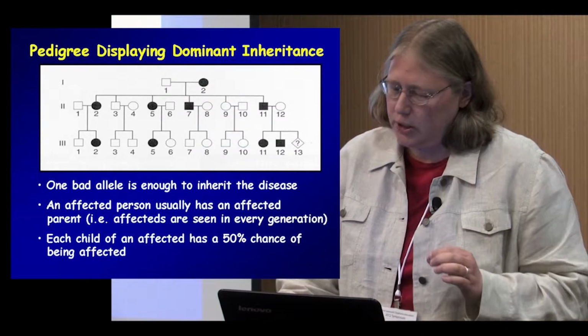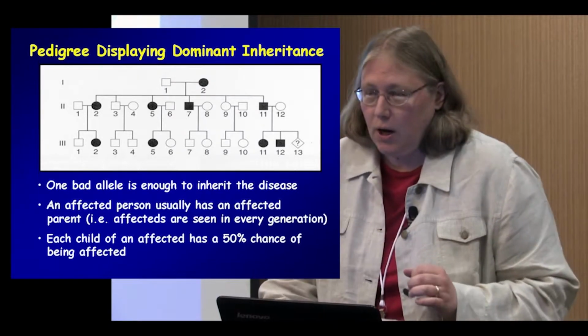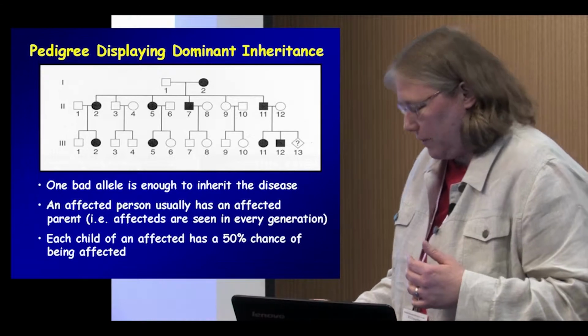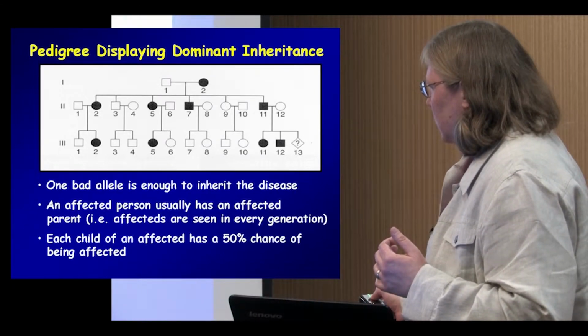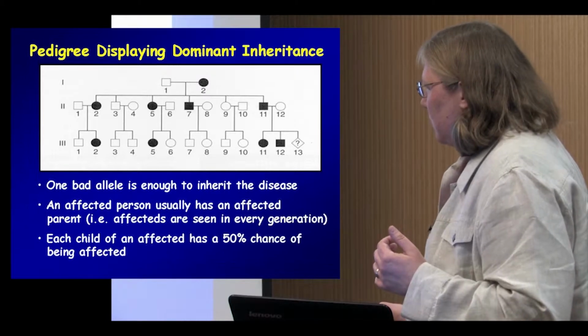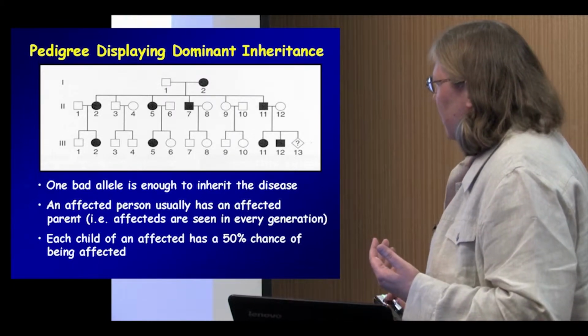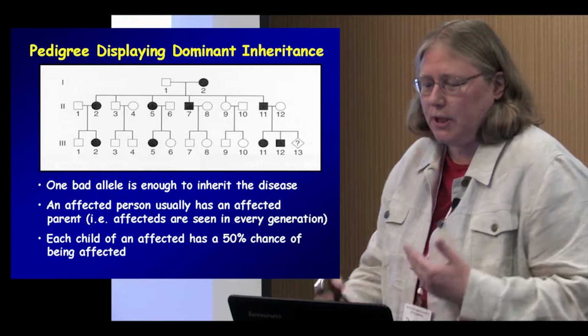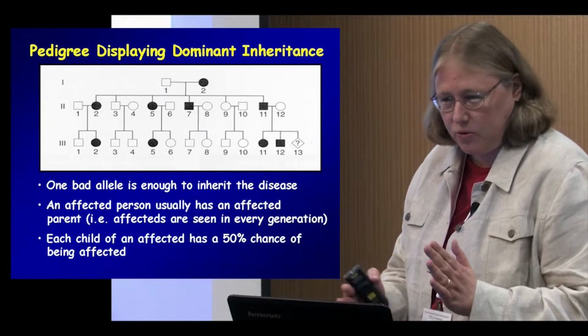So before I start, I want to talk a little bit about inheritance. Dominant inheritance: this is a family tree, or what we call a pedigree. The squares represent males, the circles represent females. People who are colored in are affected with a disease. When we talk about dominant inheritance for any particular trait, we have two copies, one that comes from our mom and one that comes from our dad.